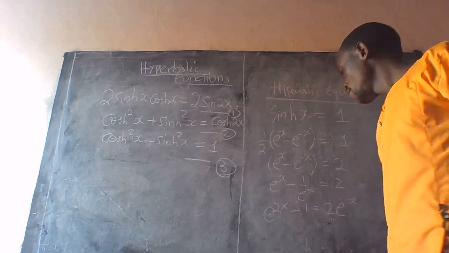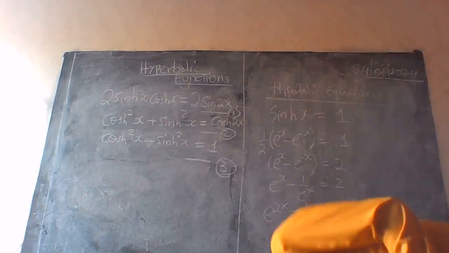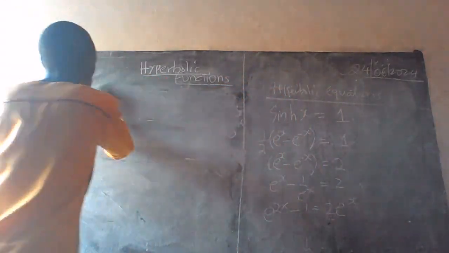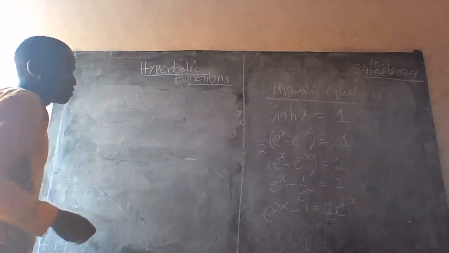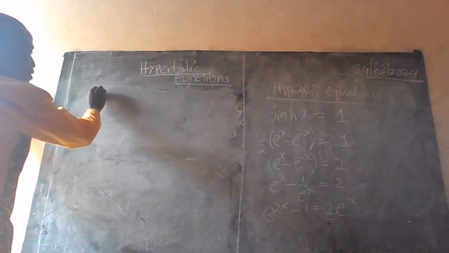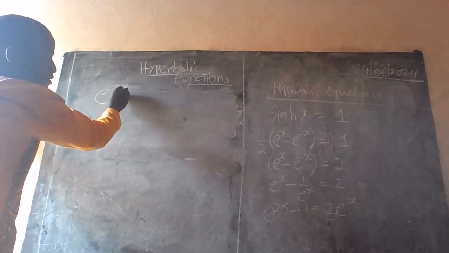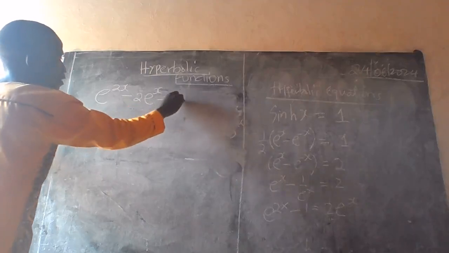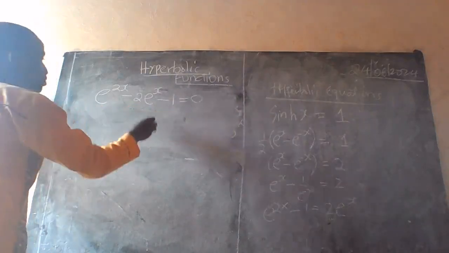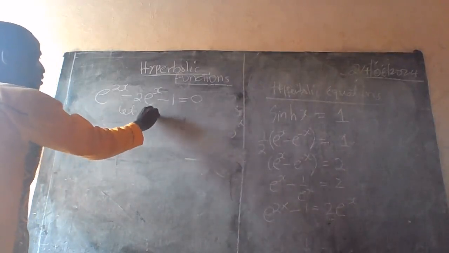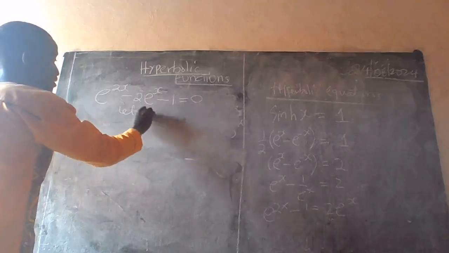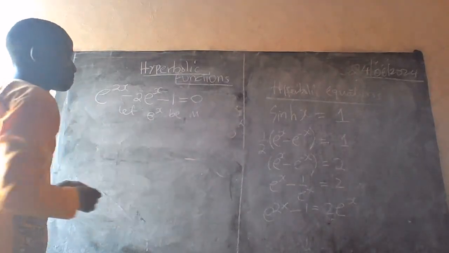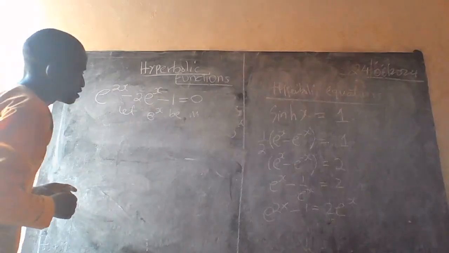We're going to have e^(2x) minus 2e^x minus 1 equal to 0. So at this point we let e^x be m.